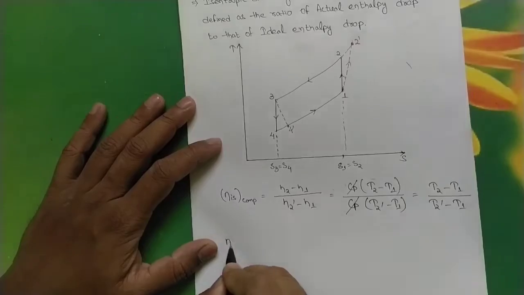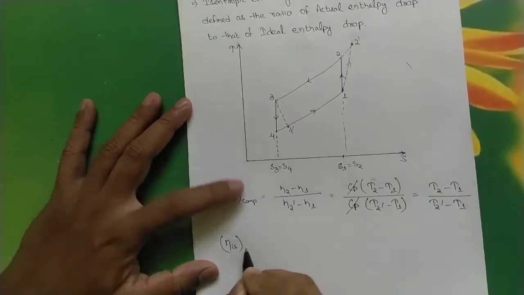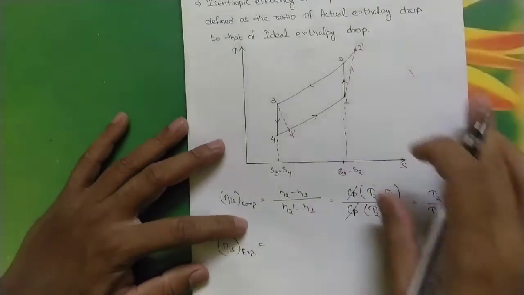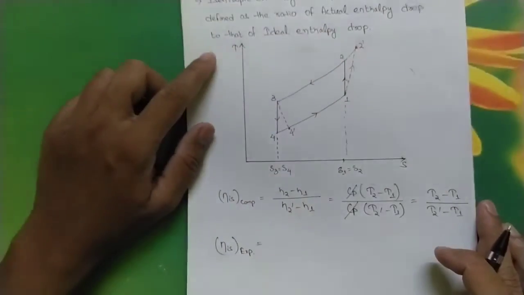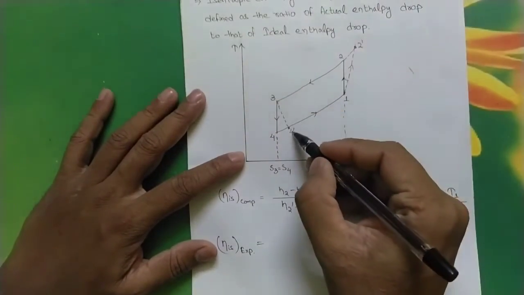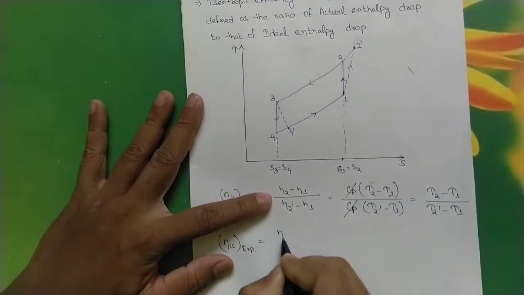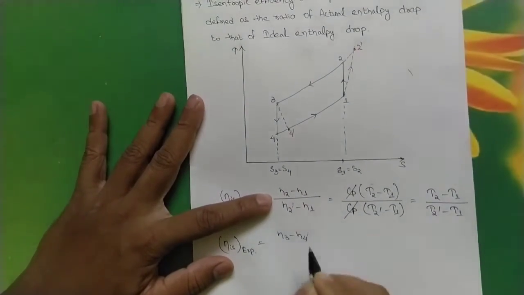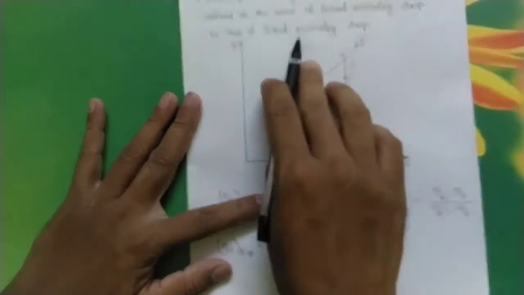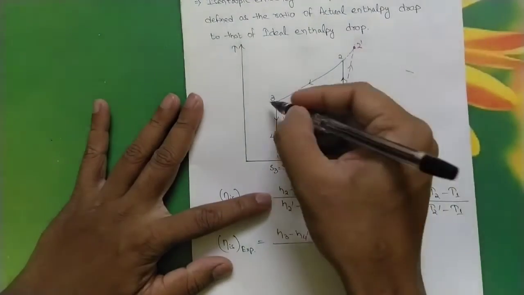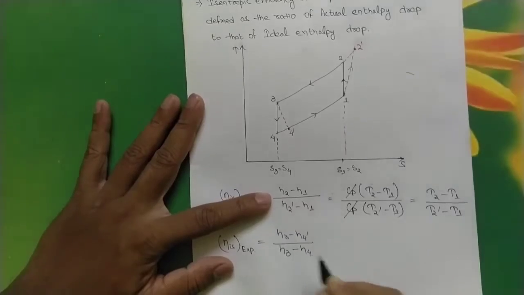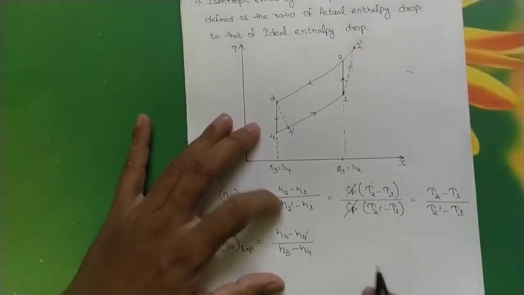Similarly, isentropic efficiency of turbine or expander is defined as the ratio of actual enthalpy drop to that of the ideal enthalpy drop. Now the actual path is 3 to 4 dash, so it will be H3 minus H4 dash, the actual enthalpy drop. The ideal path is 3 to 4, so H3 minus H4 will be the ideal enthalpy drop.